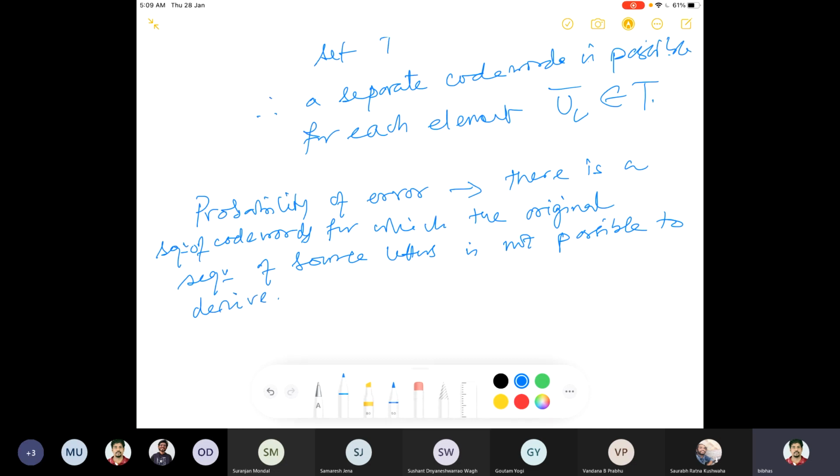Let me denote the probability of error by PE. Now, what can you say about the probability of error if this happens?